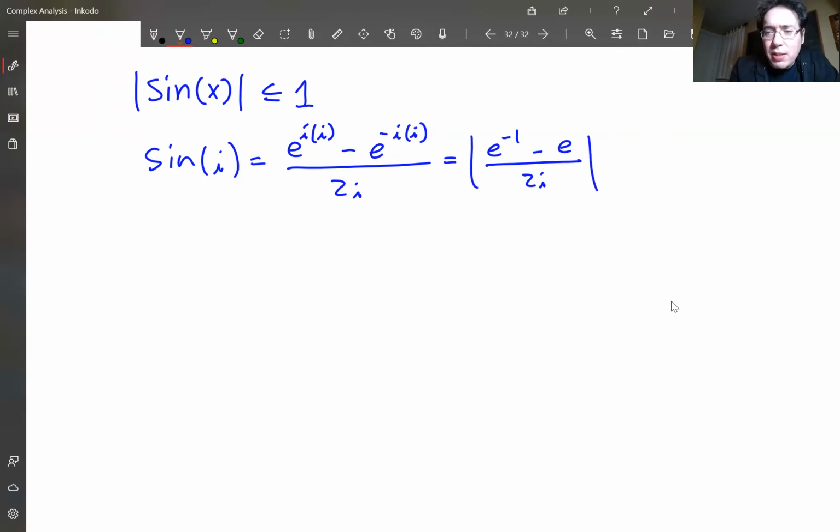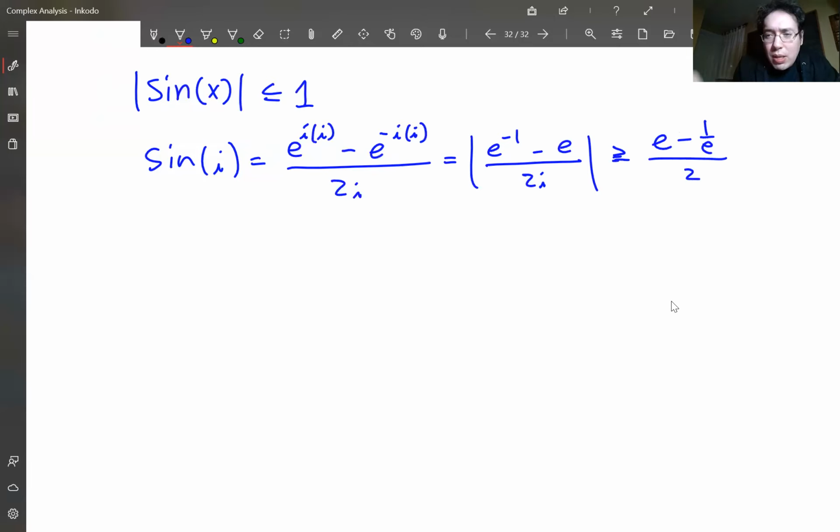Let's take the absolute value of this. I'm just going to use the reverse triangle inequality. Actually, I'm going to write it this way. This is greater than or equal to e minus 1 over e, all over 2.